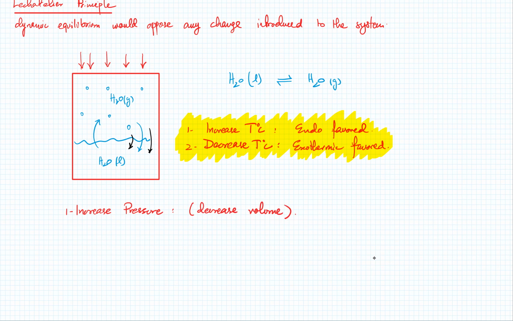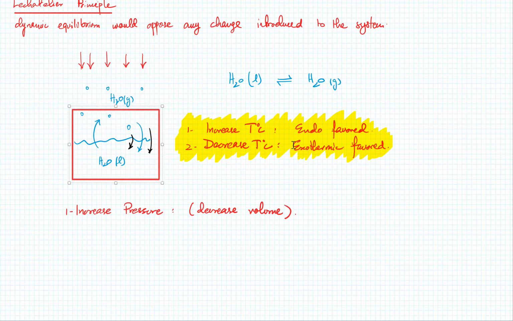So if I decrease the volume, and let's say pressure is being applied from the top and the container is getting squeezed, there is less room for water vapors to form.